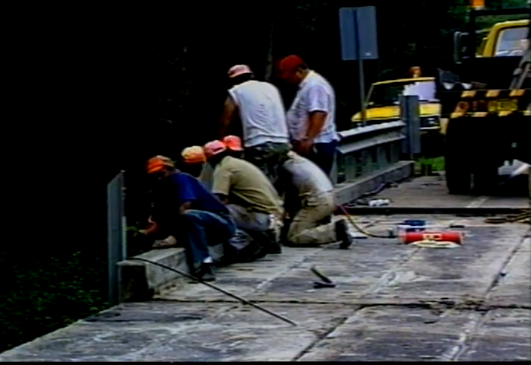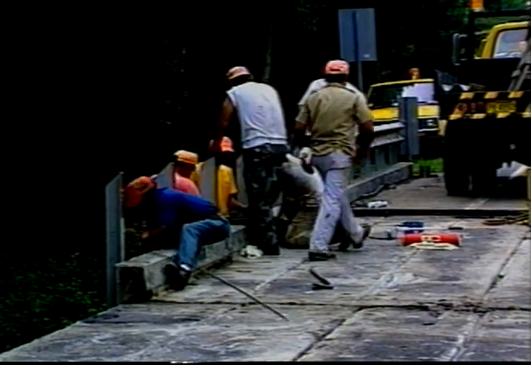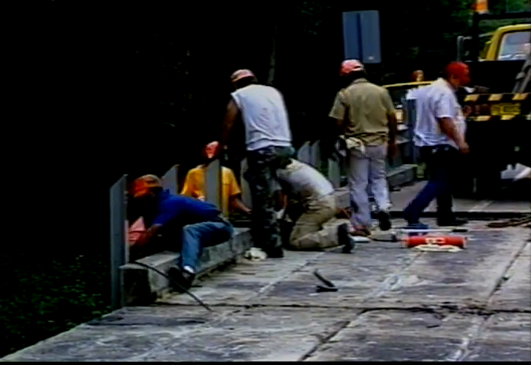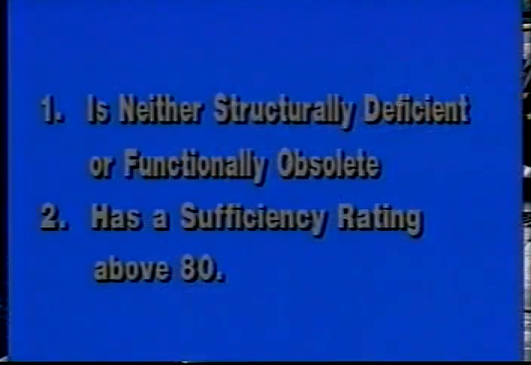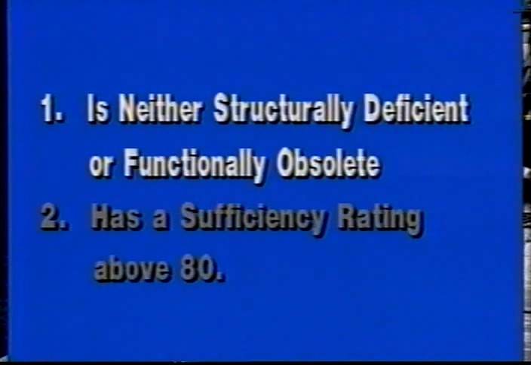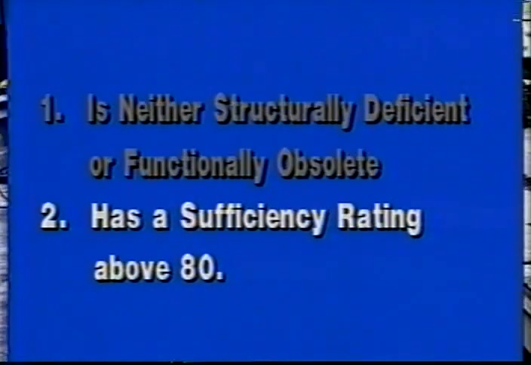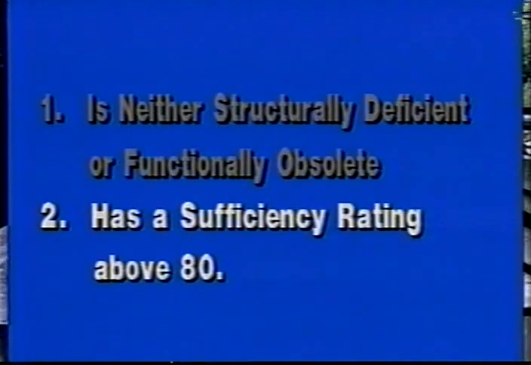Once federal funds are used for a specific bridge, it is not eligible for further federal funding for 10 years. Improvement by rehabilitation or replacement must result in a bridge which is neither structurally deficient nor functionally obsolete and has a sufficiency rating above 80.